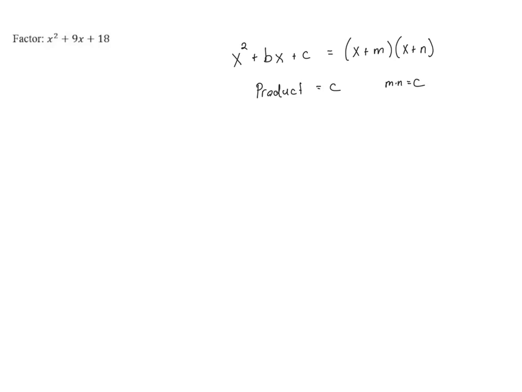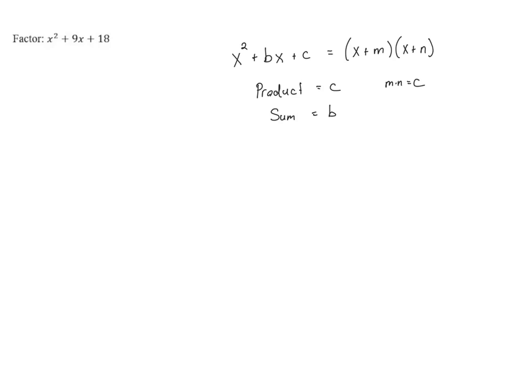The other thing we know about this is that the sum of these two numbers has to equal b, the coefficient on the x term. The reason for that is when we FOIL, the product of the outer terms, x times n, is going to be nx, and the product of the inner terms, m times x, is going to be mx.